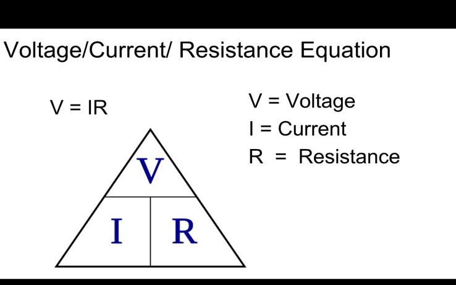I'm sure if you want to Google it, why is the symbol for current an I, you'll find lots of answers. If I'm looking for the current, which is I, then I would take the voltage and divide it by the resistance. If I'm looking for the resistance, it's the voltage divided by the current. Right? That formula works the same way.